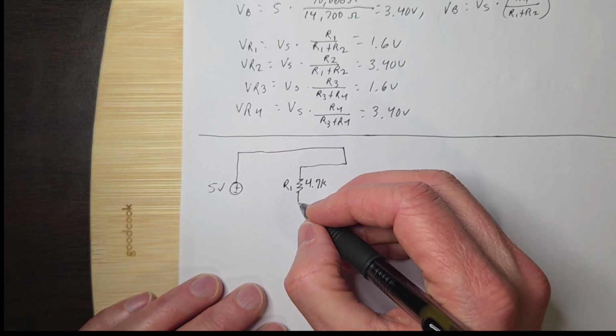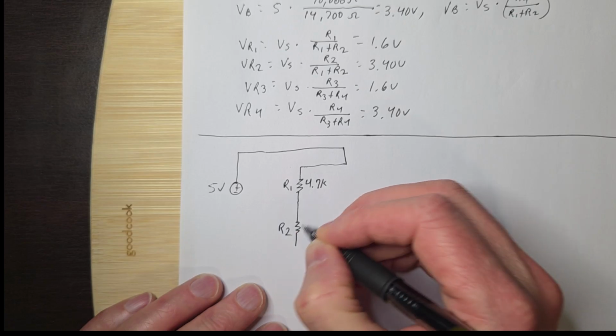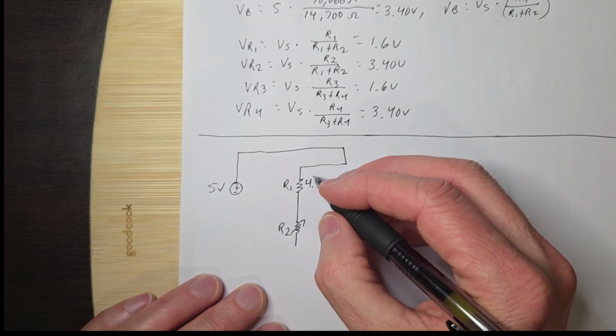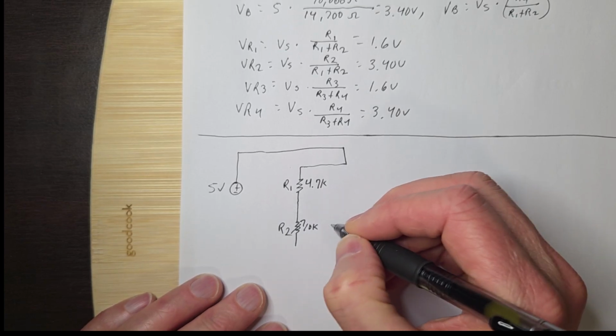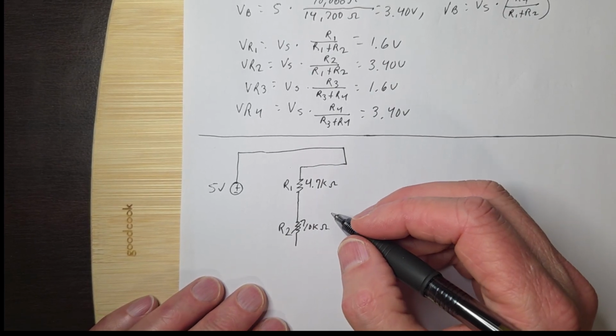And in the R2, we're going to put in a variable resistor, and it's going to be a 10K ohm potentiometer, which is just all I had.